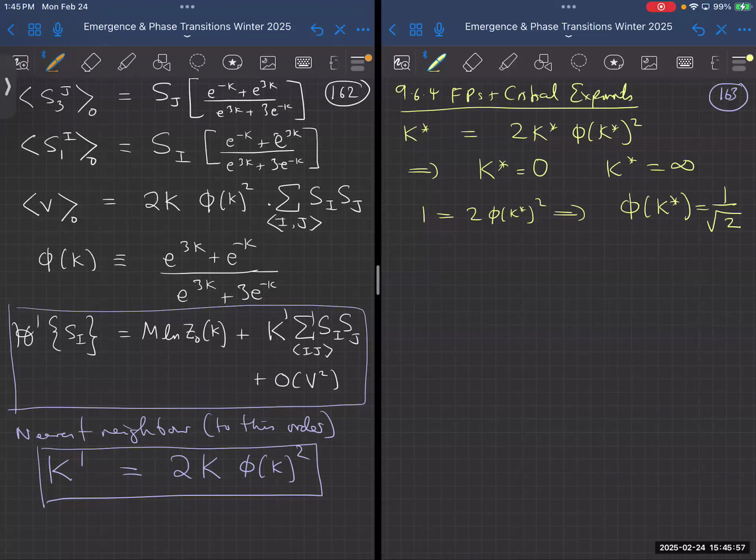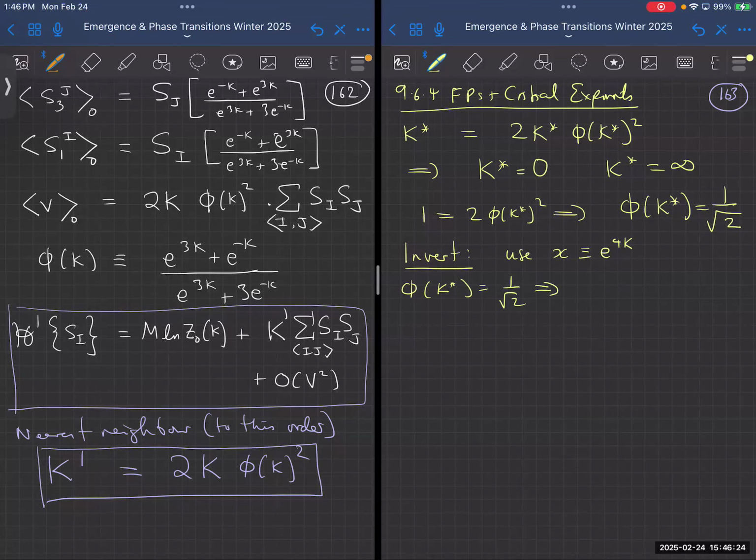So if I then compute what that means, I can invert this. If I invert this, I'm going to do a trick. I'm going to define x to be the variable e to the 4k, and then I can say that phi of k star is equal to 1 over root 2.